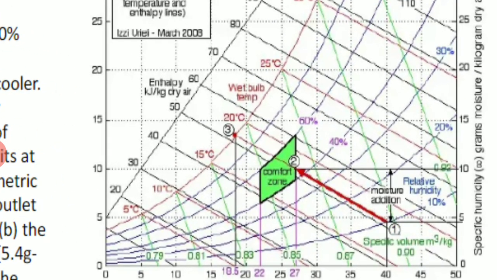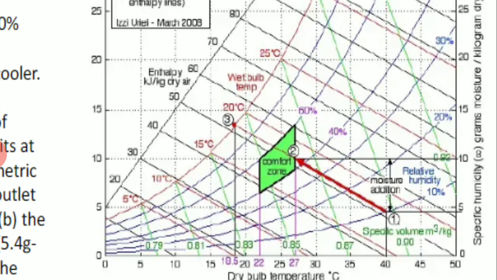So if I talk about the psychrometric chart, what conditions has he given? First mark the points on the psychrometric chart. First mark 40 degrees Celsius dry bulb temperature and 10% relative humidity, and mark it as point 1. From that point 1, my temperature reduces to 27 degrees Celsius, as given in the problem.